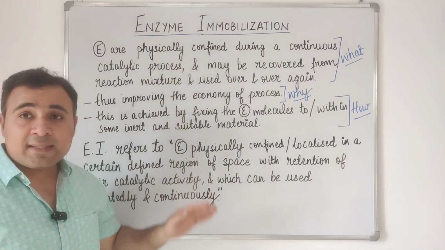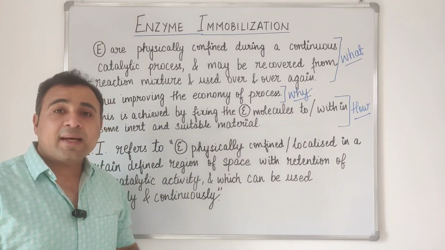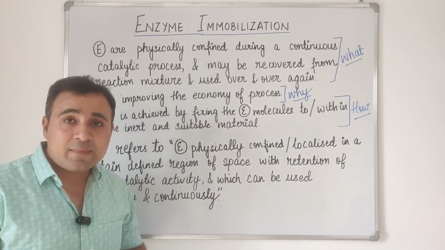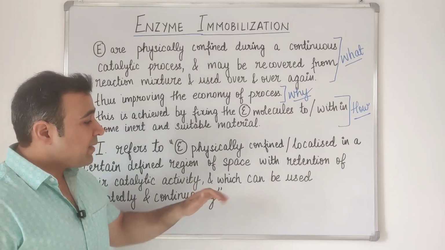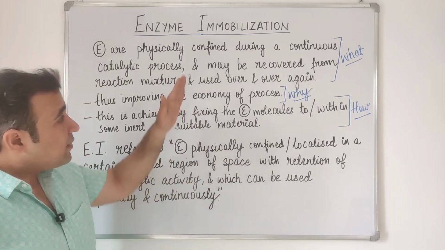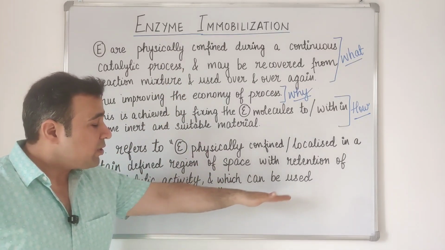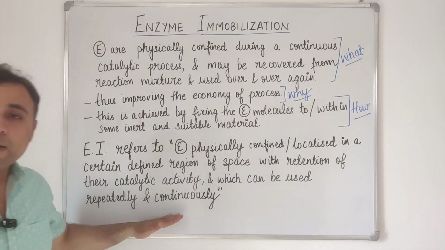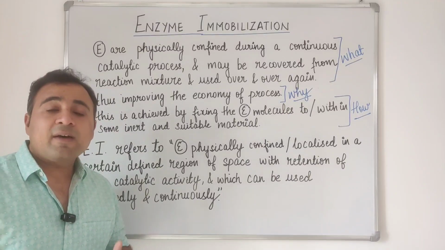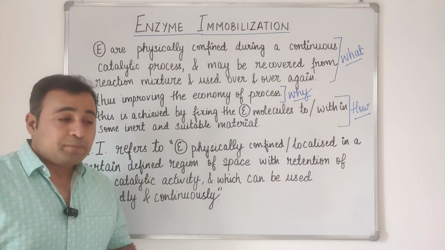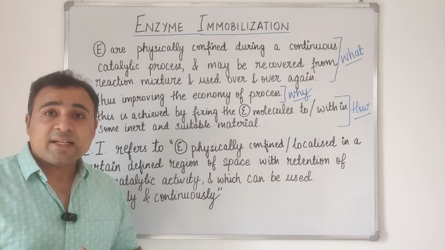This means the process does not affect the catalytic activity of the enzymes. They are fully functional even after they are immobilized. These enzymes can be used repeatedly and continuously. In this way they save a lot of money, they are very economical as per the industry requirements.